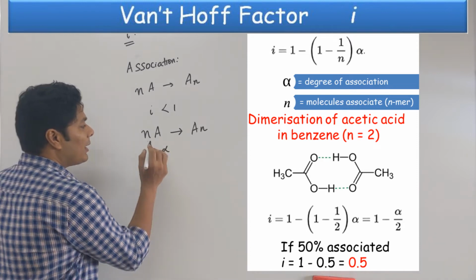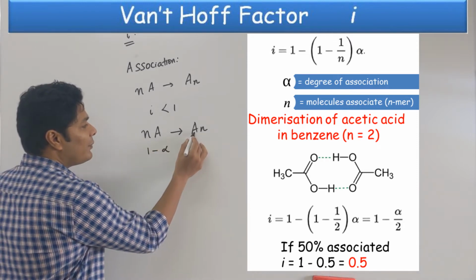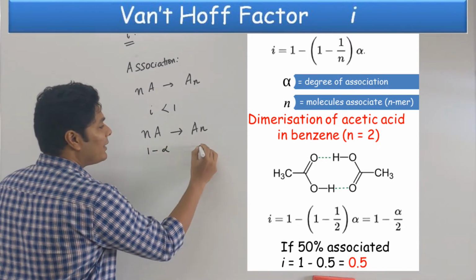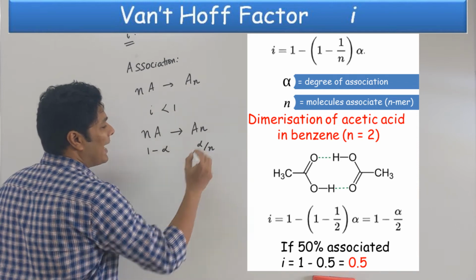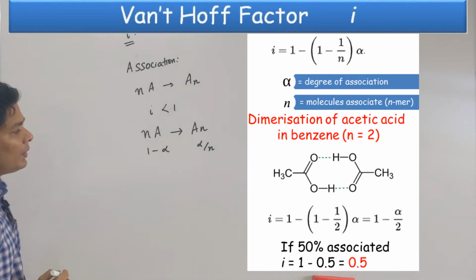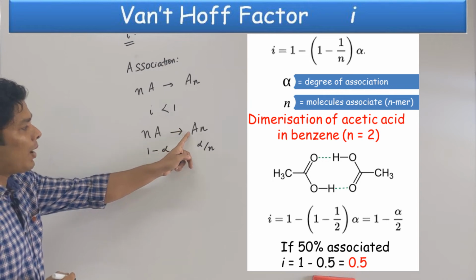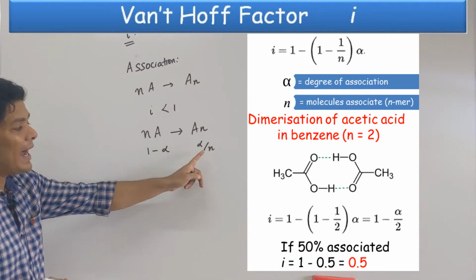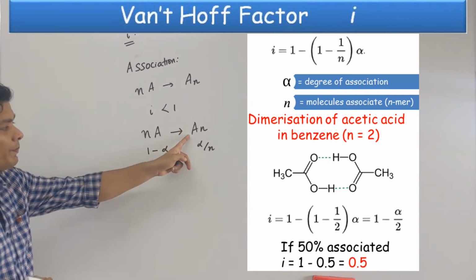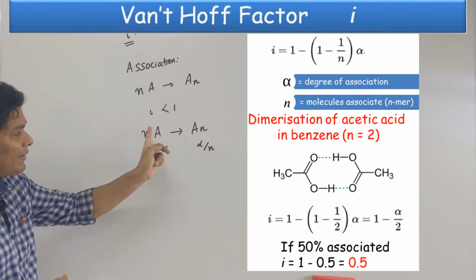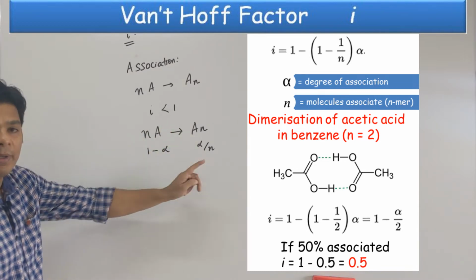So how much will I get? n amount of A will give you An molecules. So n gives you 1, alpha will give you alpha by n.